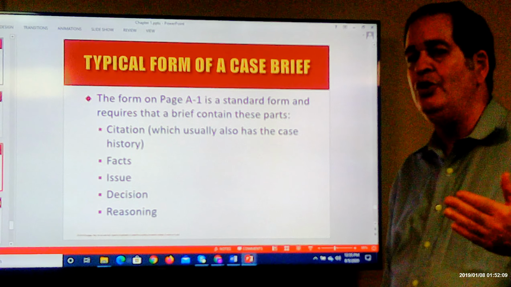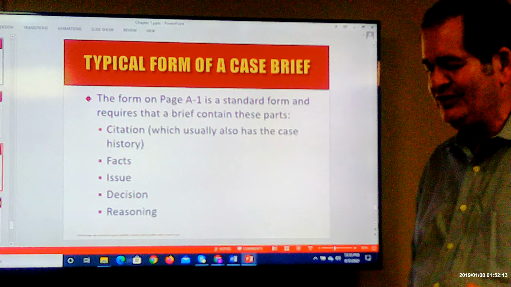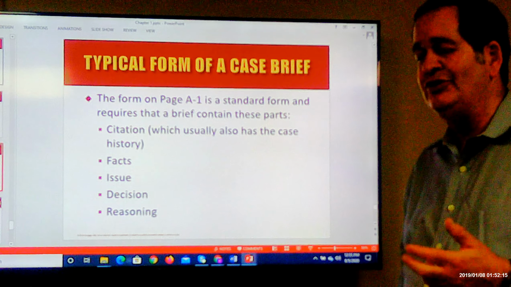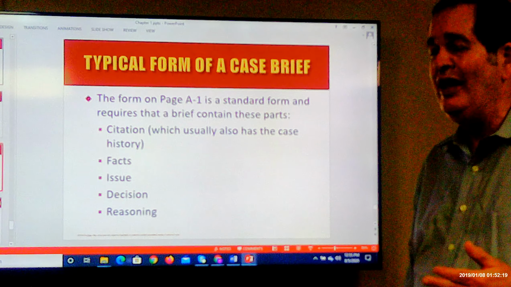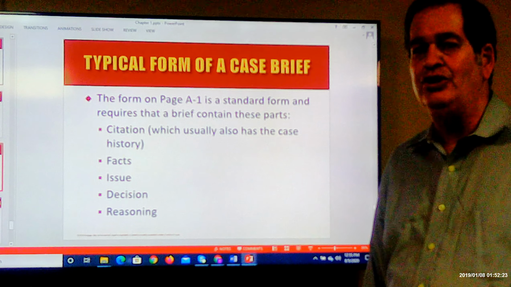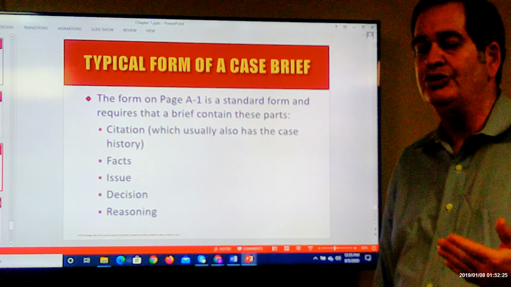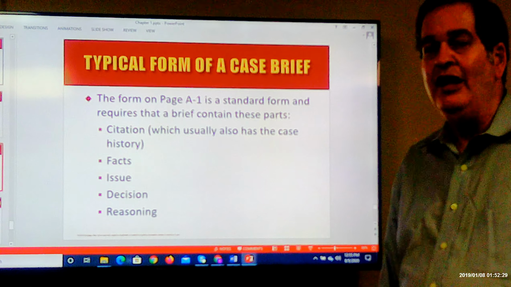Okay, now when you are doing a brief, the most important thing I can emphasize to you, and this is something that people who like shortcuts may not do, and it usually gets you into trouble. So identify the issue first. The issue is the question of law before the court. Okay?